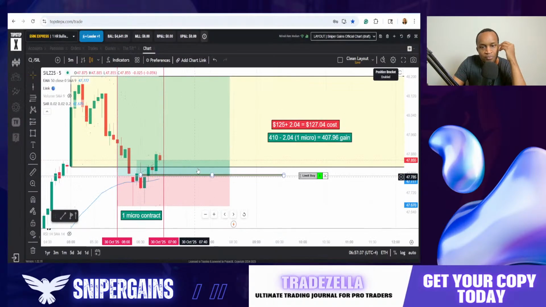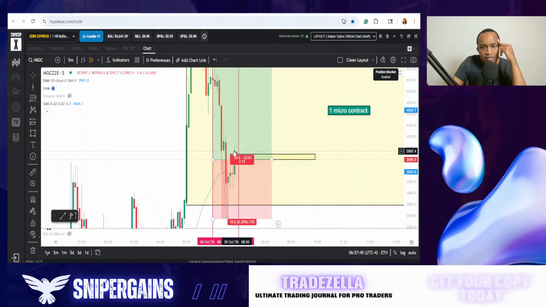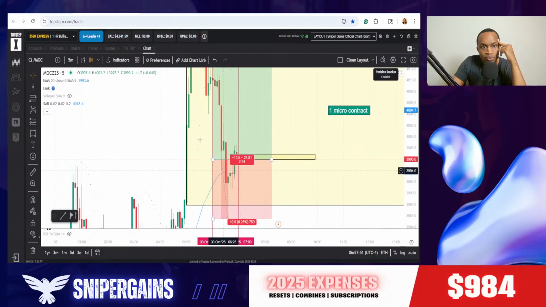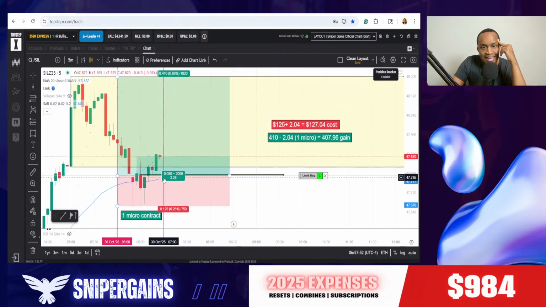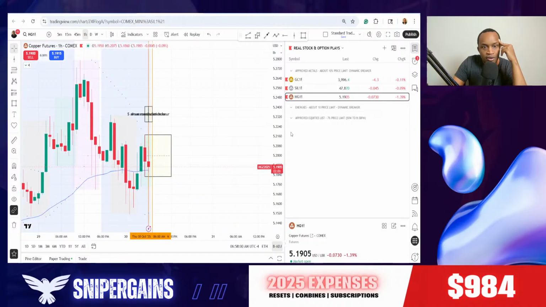And while price is kind of going down a little bit, I'm going to keep eyeing gold. So see, now with gold, there's no fair value gap for me to enter on. So that kind of X's out this setup on gold, but the SIL trade is still up and running. So let me see if there's anything on the other one. No, there's nothing on copper.